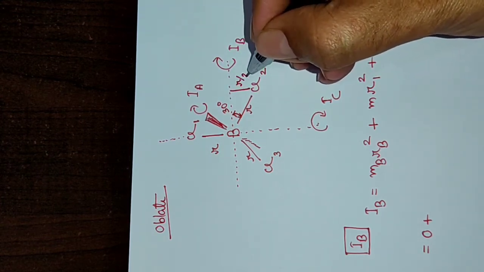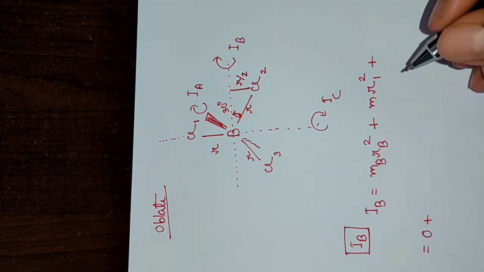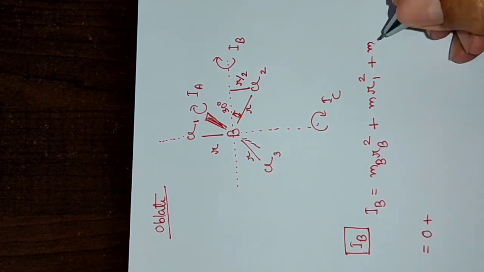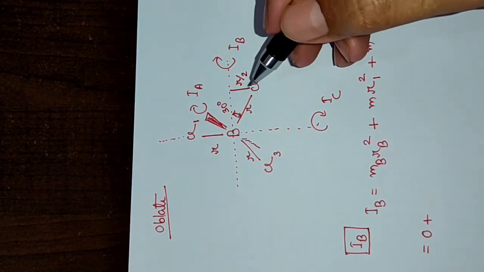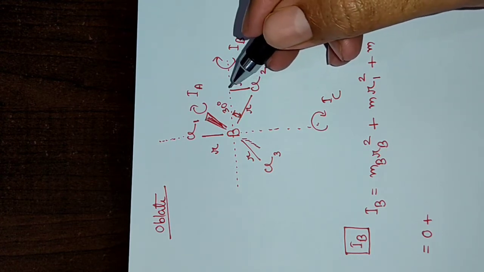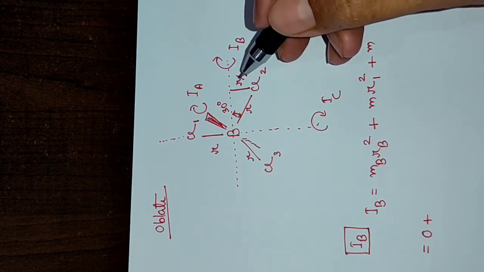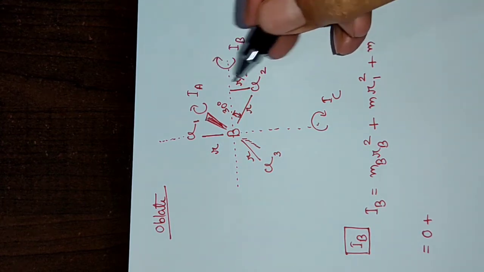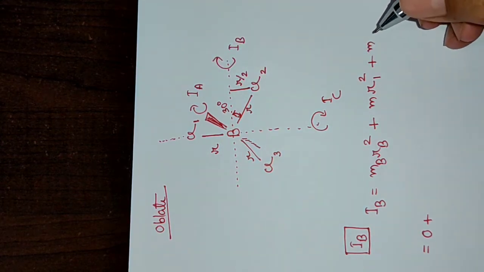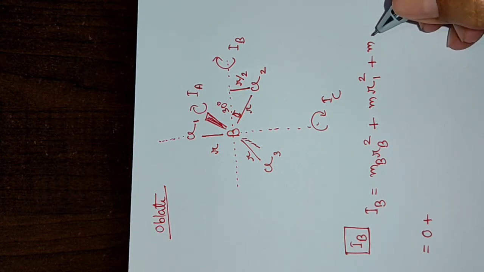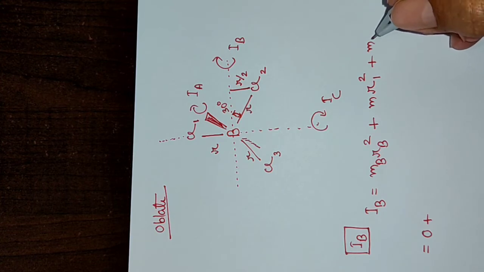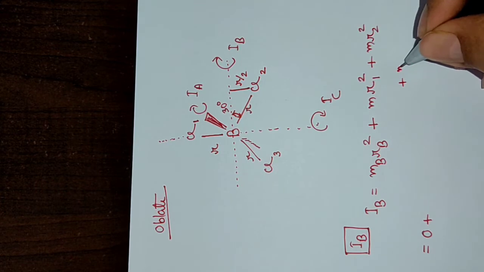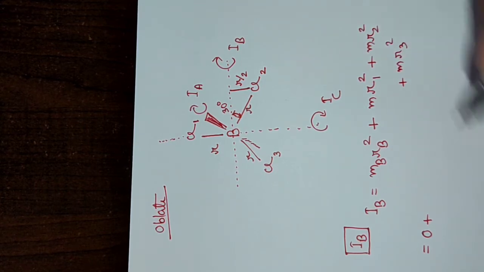r by 2. So we have m, the mass of the chlorine atom, and it is at a distance r by 2 from the axis and is rotating in this direction. So it will be m r2 square, and for the third, m r3 square.